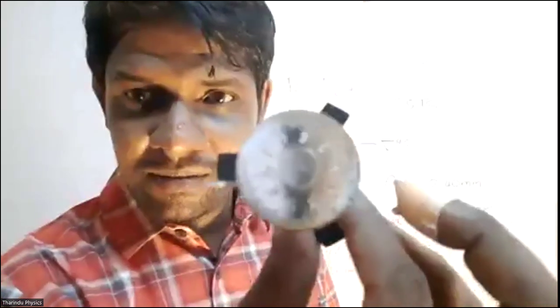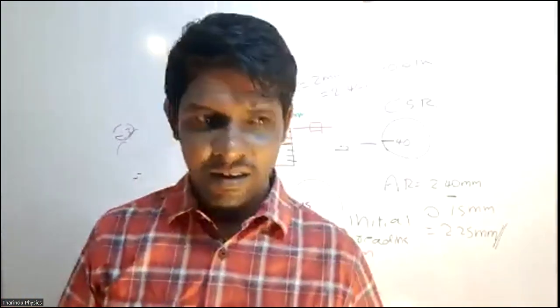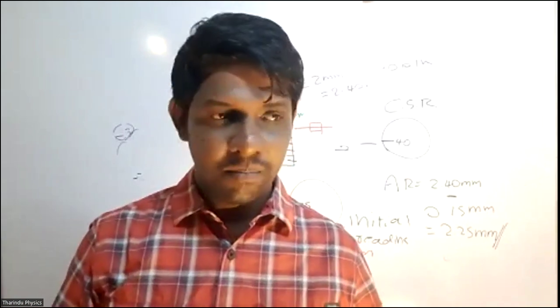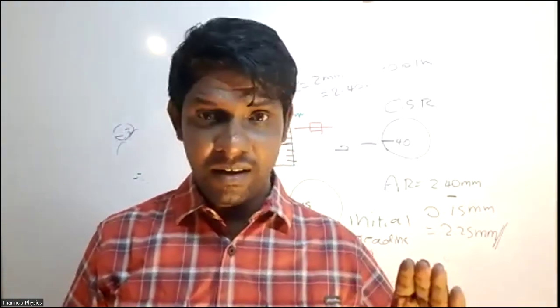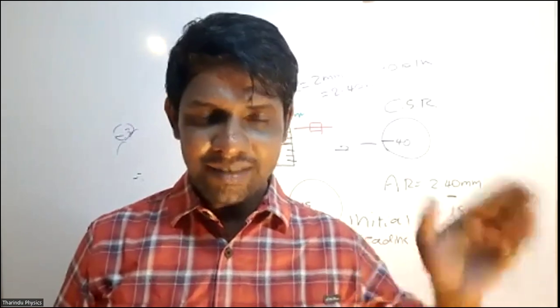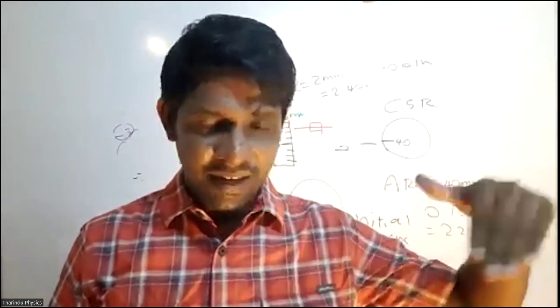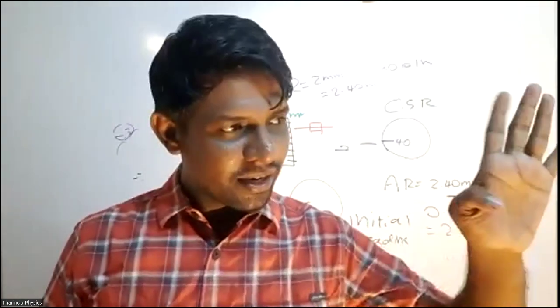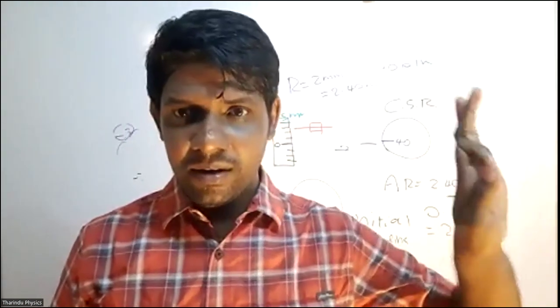Can you understand? It is like a 0 error. But we don't call it 0 error because why? It is like a 0 error, but we can't call it positive 0 error or negative 0 error.